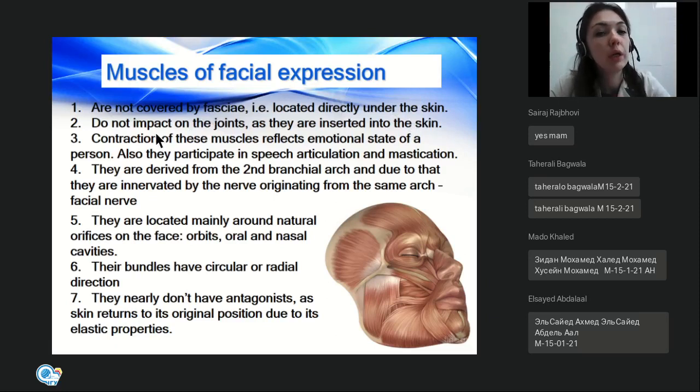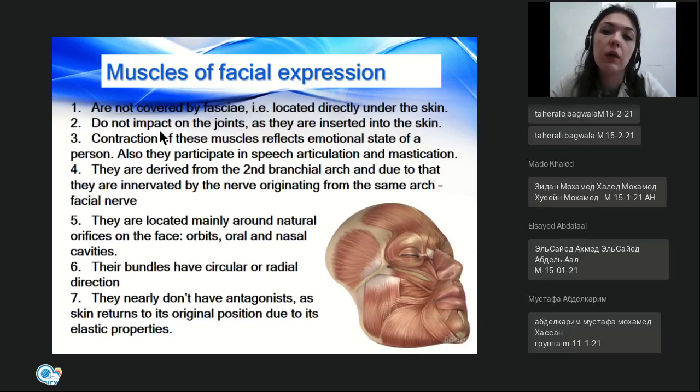Muscles of facial expression do not act on the joints as they are inserted into the skin. Actually, when we studied arthrosyndesmology, we said that in the bones of the skull there is only one mobile bone, the mandible. And so there is only one synovial joint, the temporomandibular joint. Onto this joint, special muscles act. We'll talk about them later.